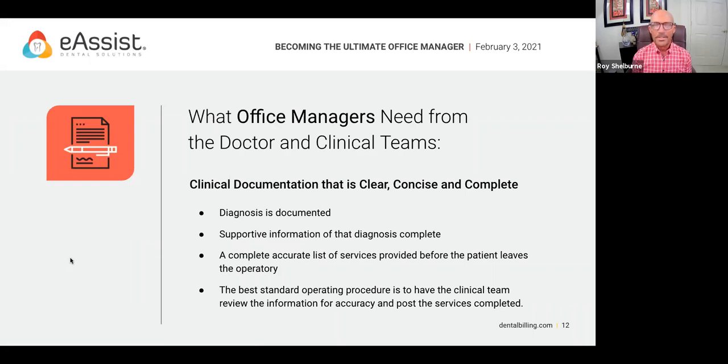So clinical documentation, that's one of my passions. They shared in the beginning, and it's not a joke, I spent 19 months in federal prison for healthcare fraud, and one of the things I became aware of was that my clinical documentation was not what it was supposed to be.